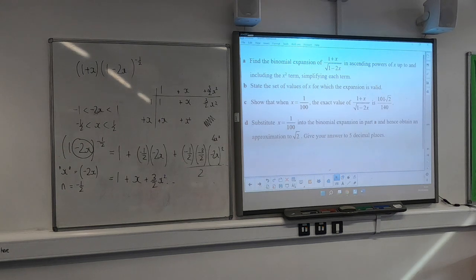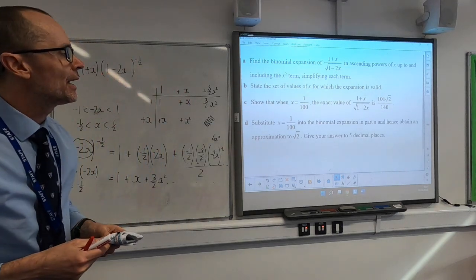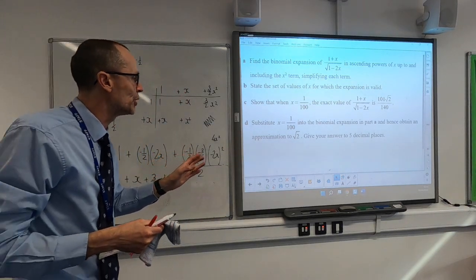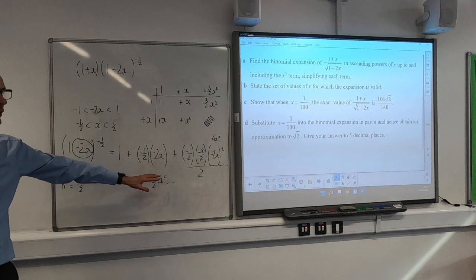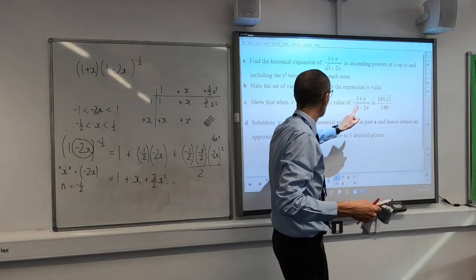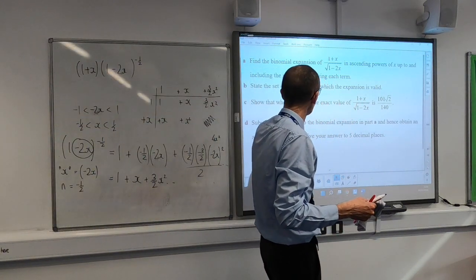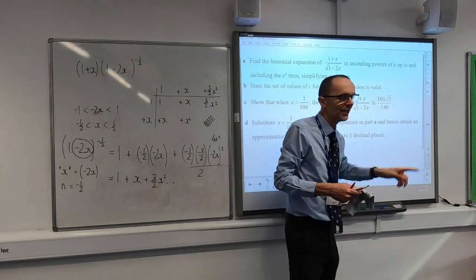This next bit is really fiddly, and it so often crops up. Sometimes we have to substitute a value of x into our expansion, but that's not what they want us to do now. They want us to do something to the original question. They want us to make x equal to 1/100 and show that it becomes this.